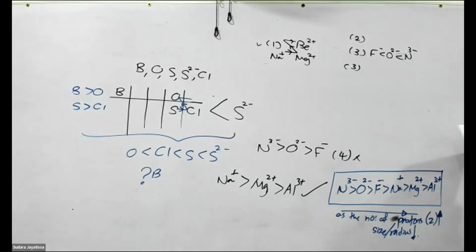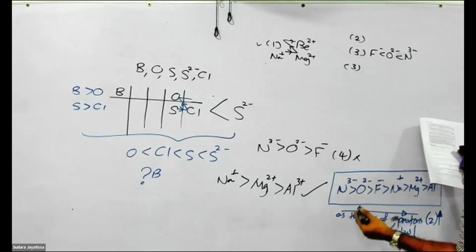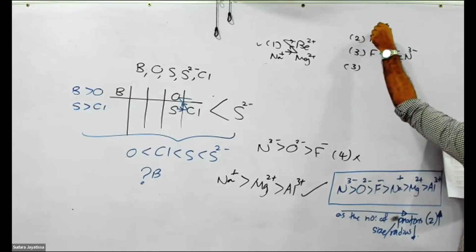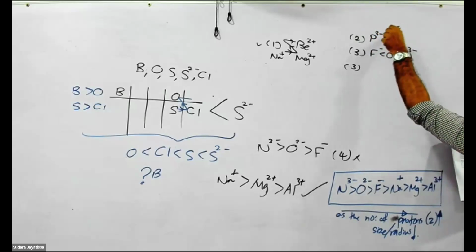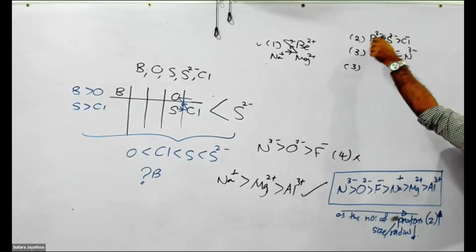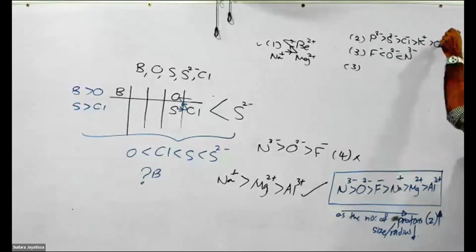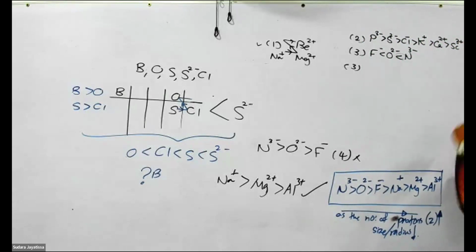These are also related to isoelectronic numbers. Isoelectronics are in the right order. P3 minus is larger than S2 minus, and it is larger than Cl minus, and this is larger than potassium plus, calcium 2 plus, and scandium 3 plus. Scandium is the first d-block element.